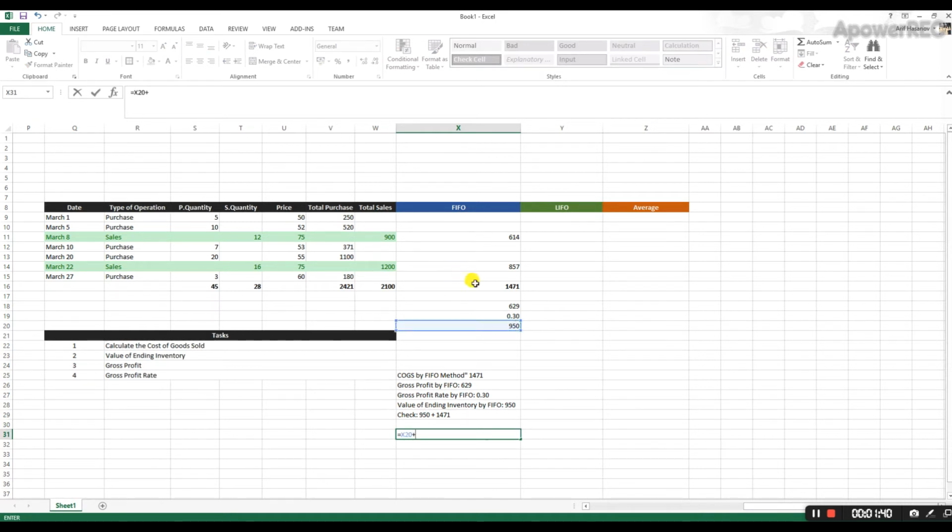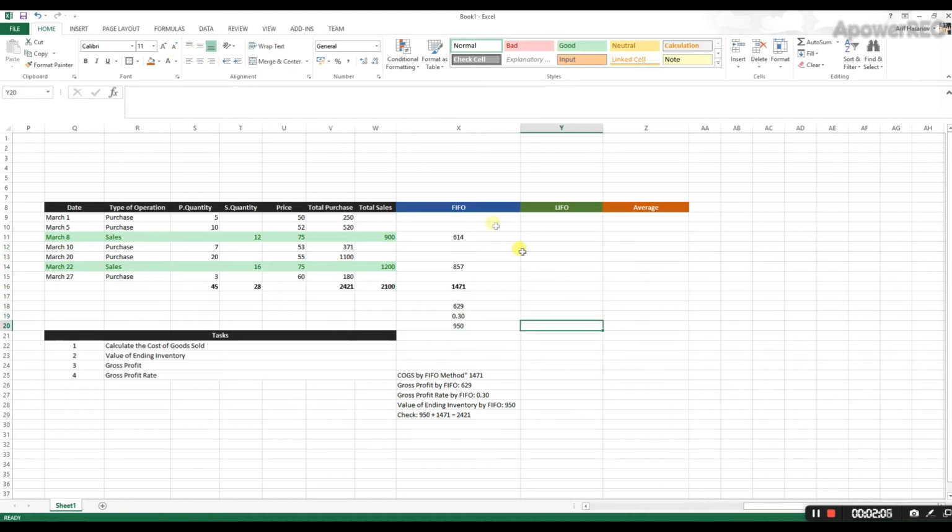This plus this. And we can see this number. This and this. If these numbers are correct, like equal, then your check is correct. So we can write it 2,421. Yeah, this is the method for the FIFO. Let me put it centered.